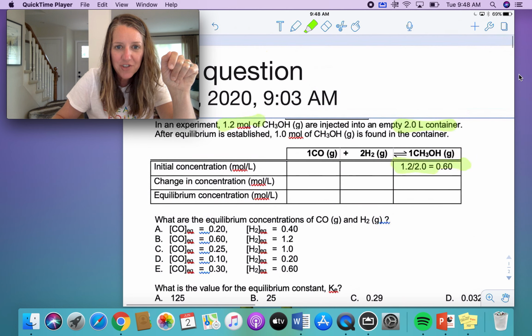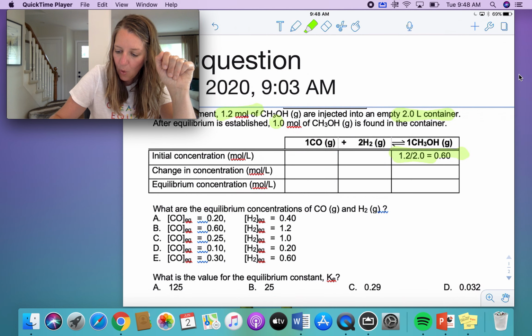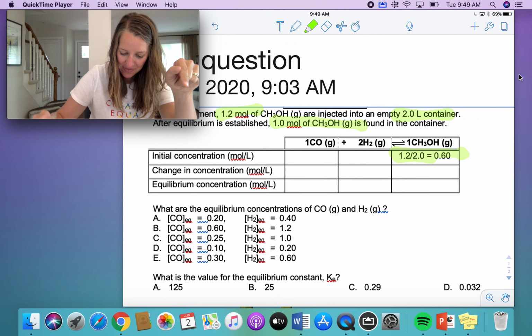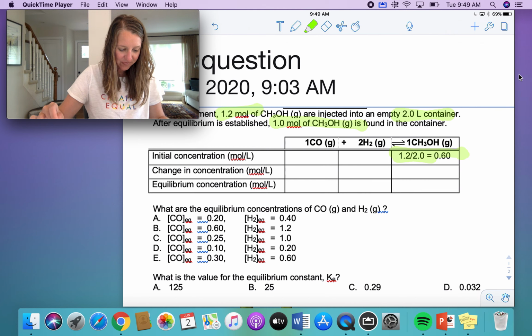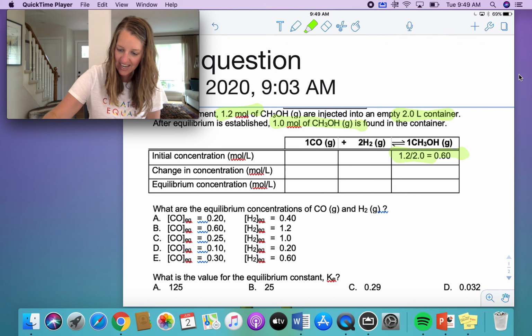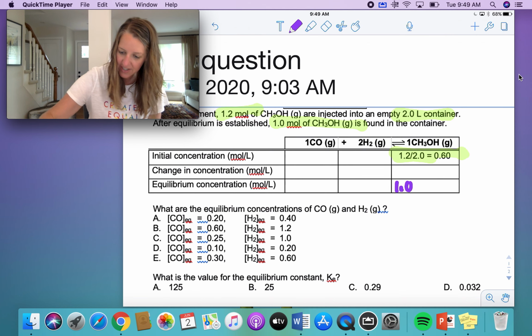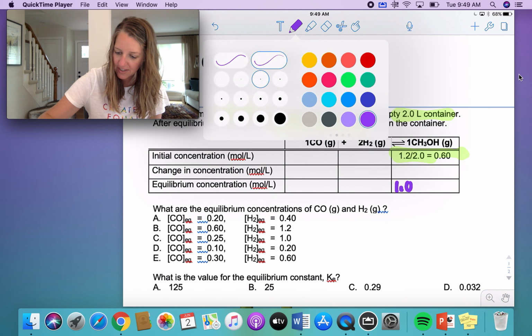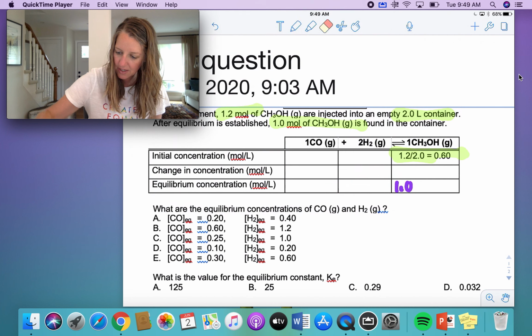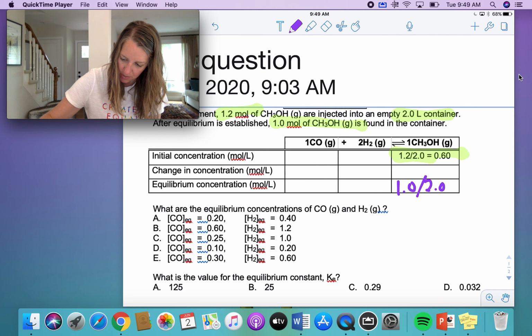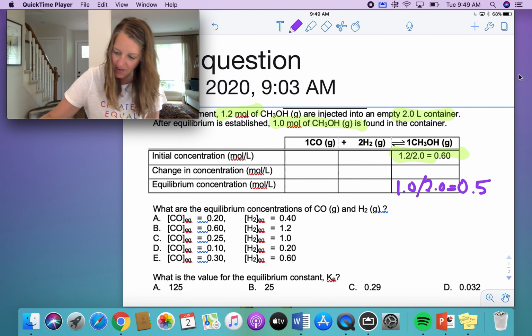Okay, after equilibrium was established, 1 mole is found in the container. So what concentration is that it's saying? Well, 1.0 divided by 2.0 equals 0.5.